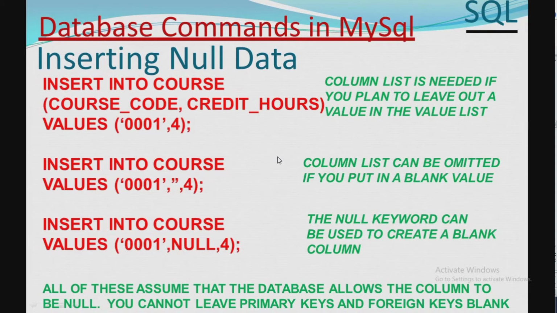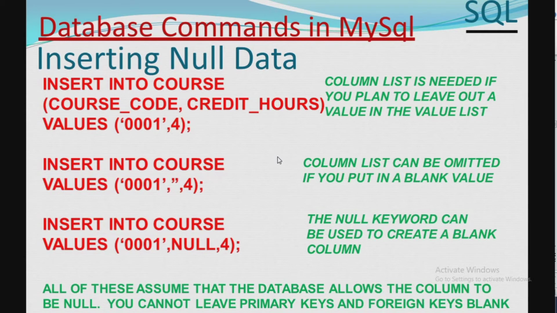How to insert null data in a table? The column list is needed if we plan to leave out a value in the value list. The column list can be omitted if we put a blank value. We can also use the null keyword to create a blank column. But we have to remember that we cannot leave primary key and foreign keys blank.